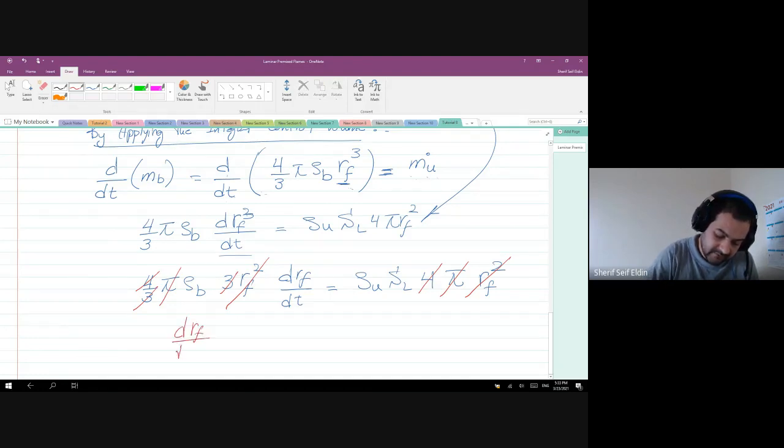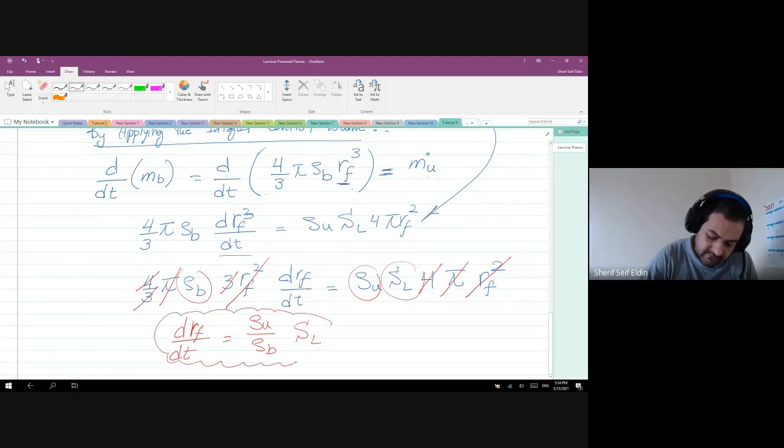So the change of the radius of the flame is a function of rho u, rho b, and the laminar flame speed.